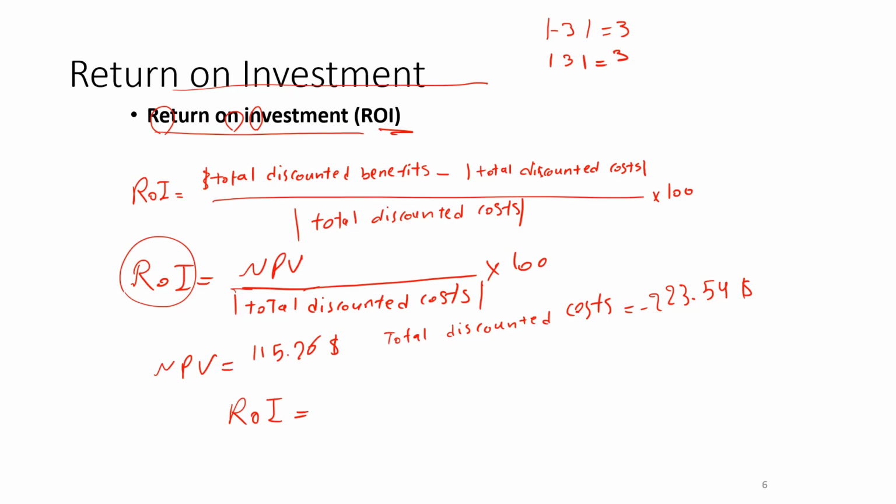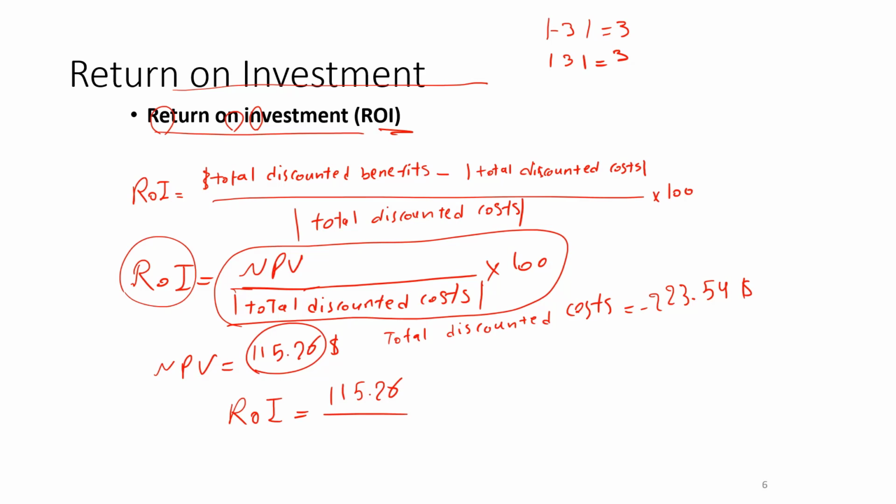Now I want to calculate ROI, just very easy. So NPV is 115.26, according to this equation, over absolute of total discounted cost, which is negative 223.54. Here, total discounted cost is here, but just absolute of that, multiplied by 100.